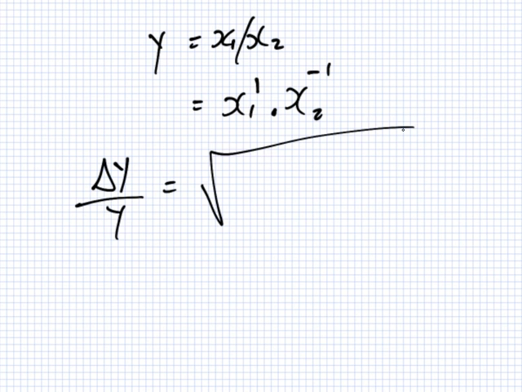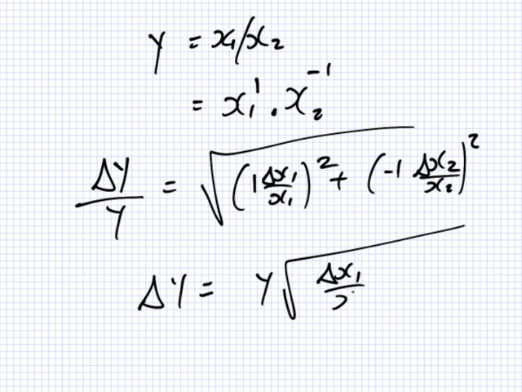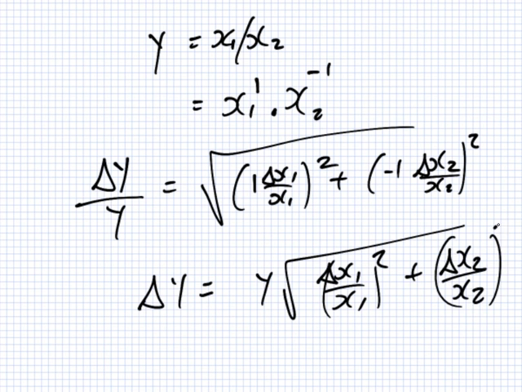So that would be the square root of 1 delta x1 over x1 squared plus minus 1 delta x2 over x2 squared. And then you realise that's why it's the same. It's still delta x1 over x1 squared plus delta x2 over x2 squared.